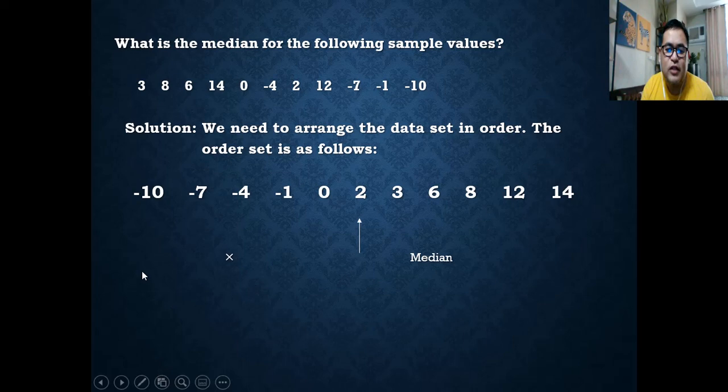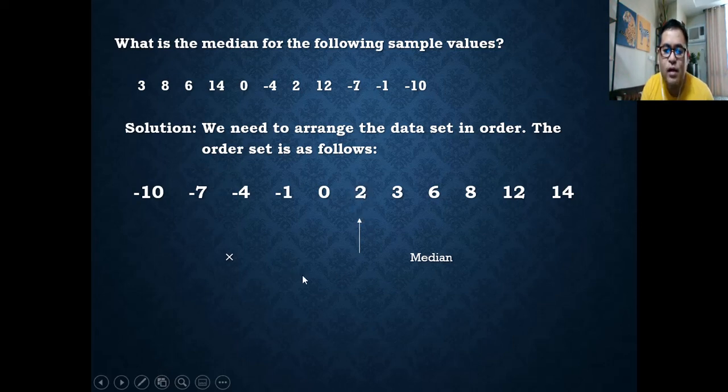If we count them, we have 1, 2, 3, 4, 5, 6, 7, 8, 9, 10, 11. So 11 observations, which means this is an odd number of observations, so we can definitely find the middle of the distribution. Where is the middle? If we look at this, the middle of the distribution is 2.